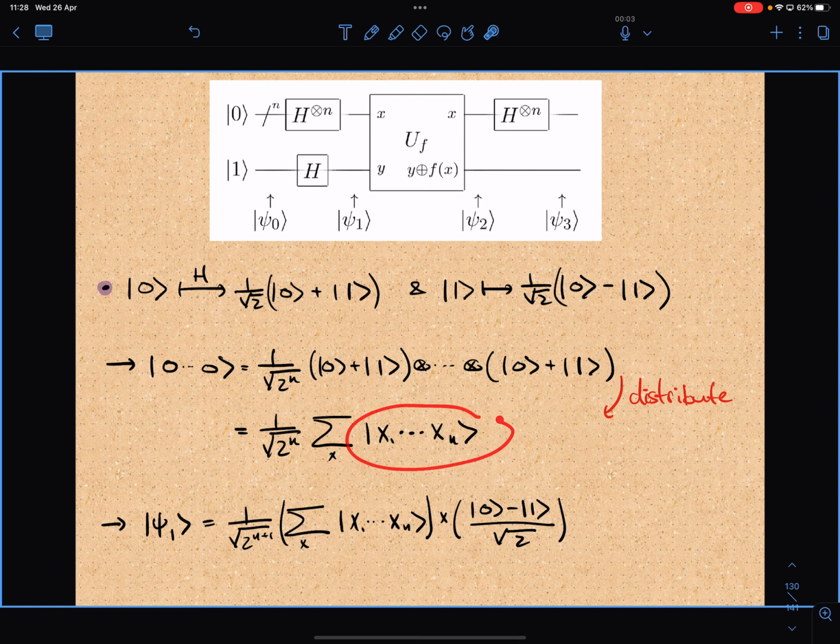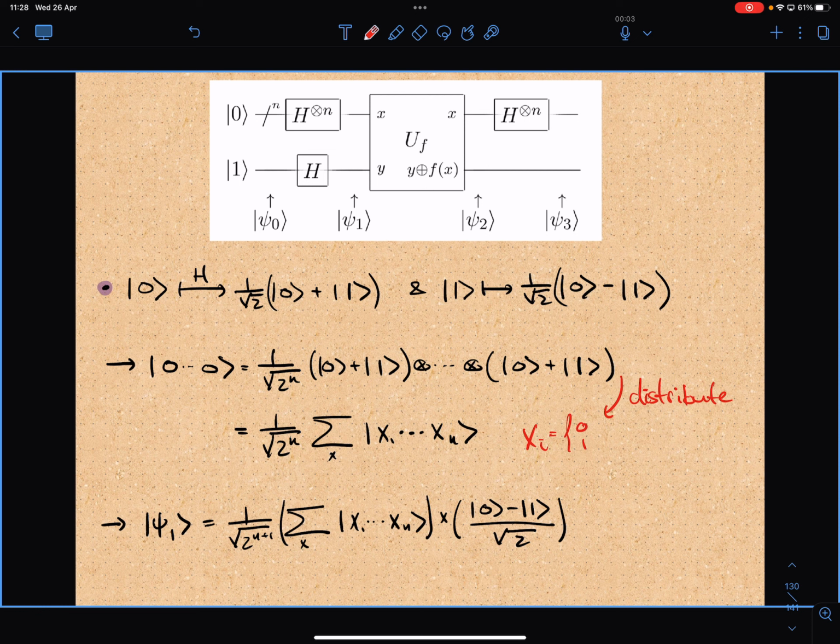And this is just going to be a linear combination of all sequences of zeros and ones. So each x_i, x_1 through x_n, is going to be either 0 or 1. So in here we actually have 2 to the n terms. And x_i could be either 0 or 1.